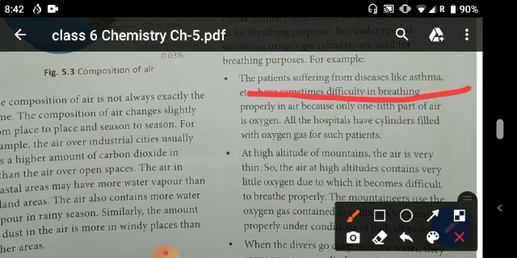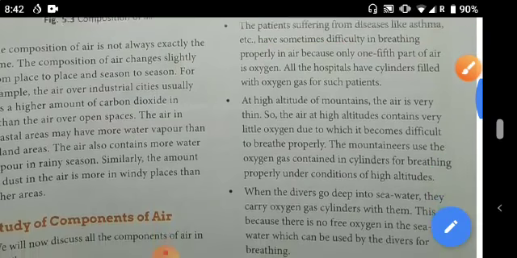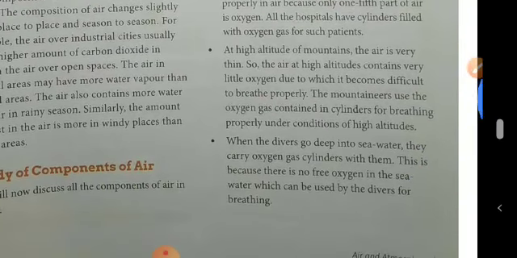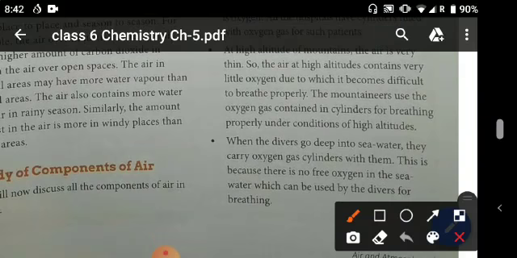Now, at high altitudes on mountains, the air is very thin, so the air at high altitudes contains very little oxygen, due to which it becomes difficult to breathe properly. I had already told you about this.